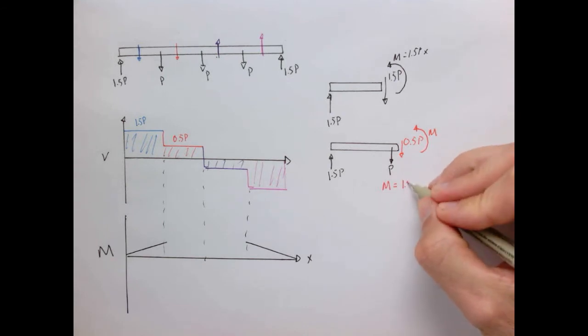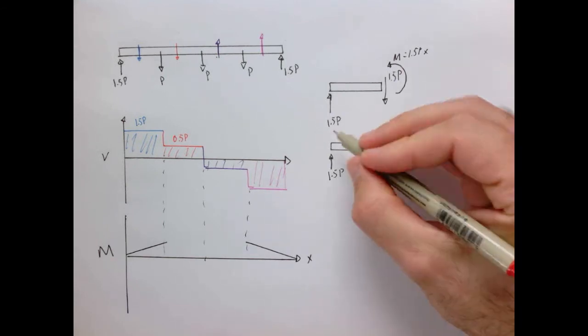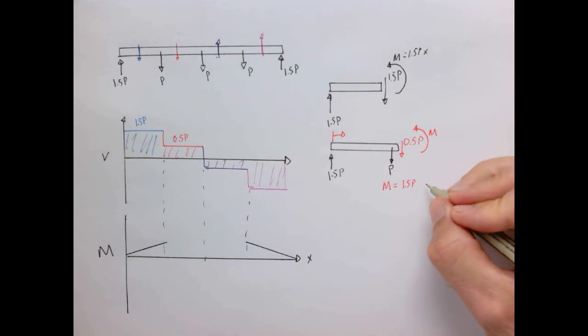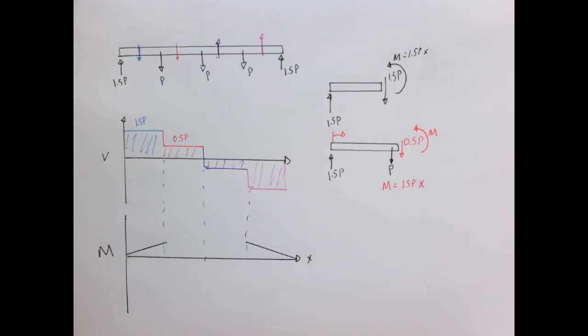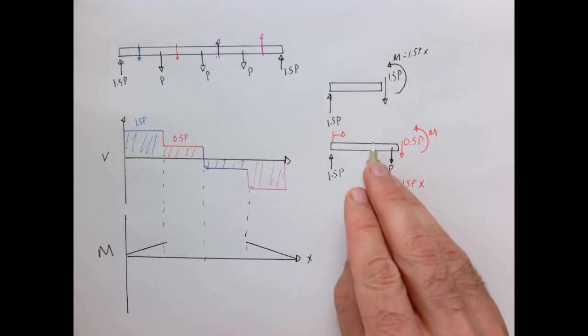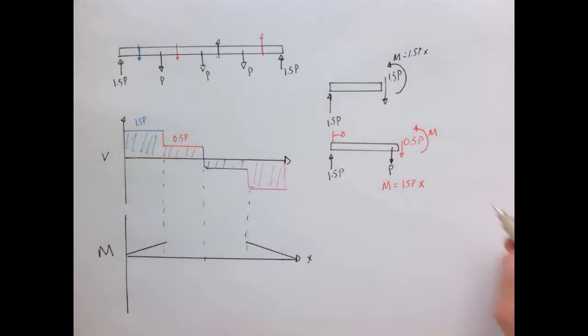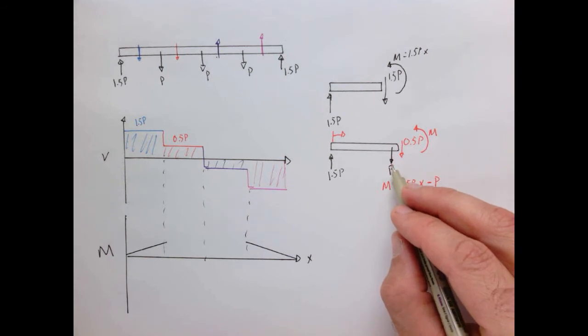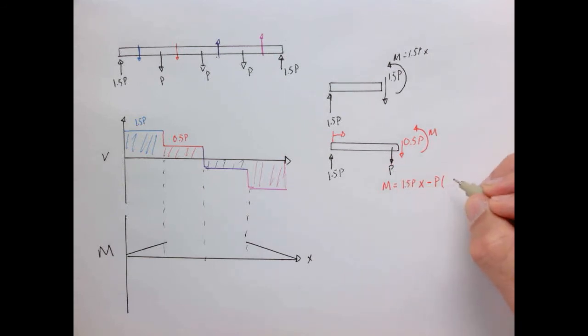One is 1.5 P times the distance from the end of the beam. I'll just call that x, right? So from here to here, that force exerts a moment. And then we have minus this component P, and the distance is nothing more than x minus L over 4.